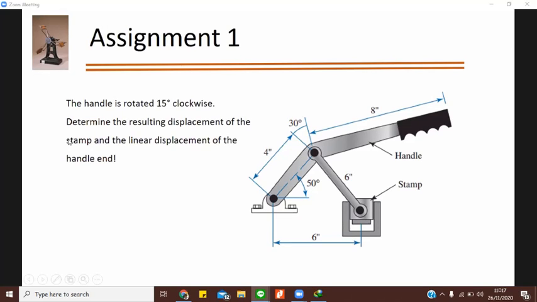Determine the resulting displacement of the stamp, how much displacement you have over here, and the linear displacement of the handle end. So let's say it was here, how much linear displacement has happened to change this value by 15 degrees. So this is what you have to find, and you can try it at home.